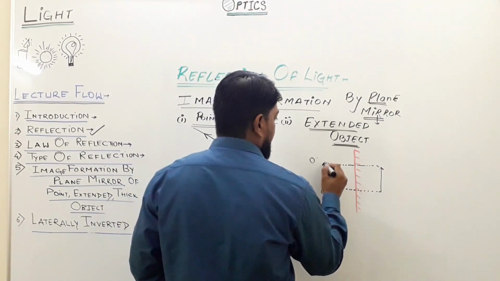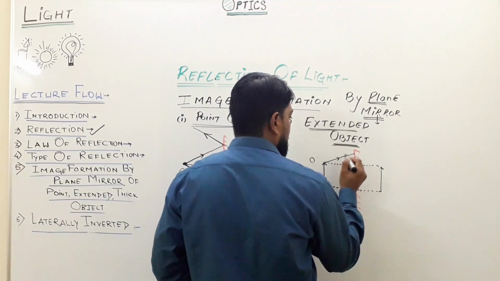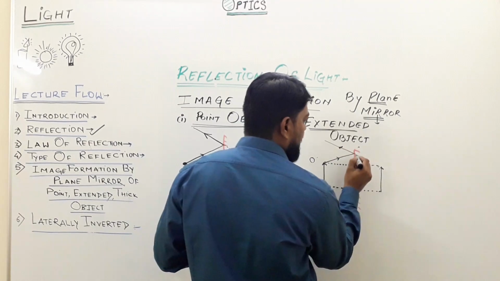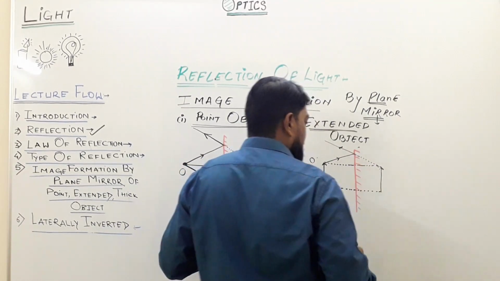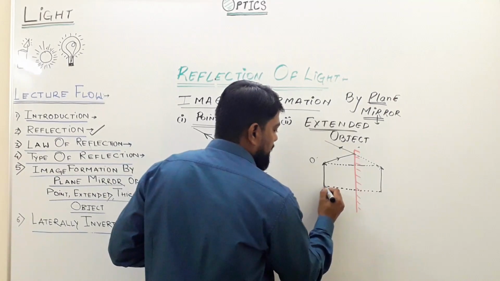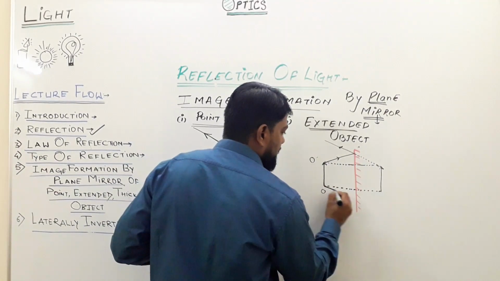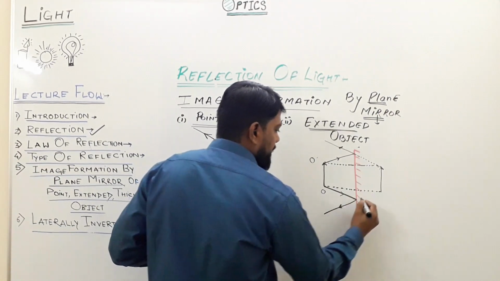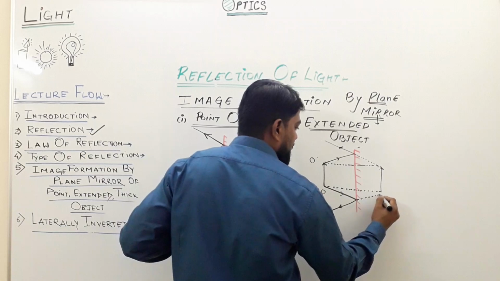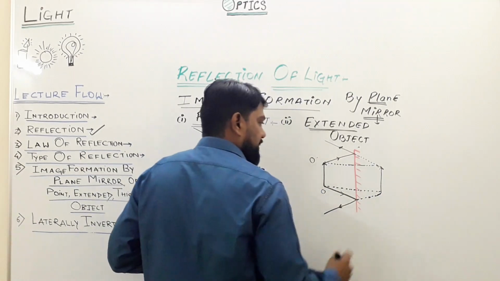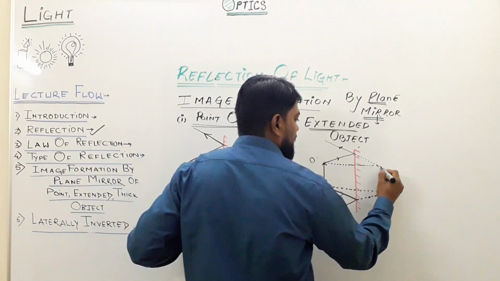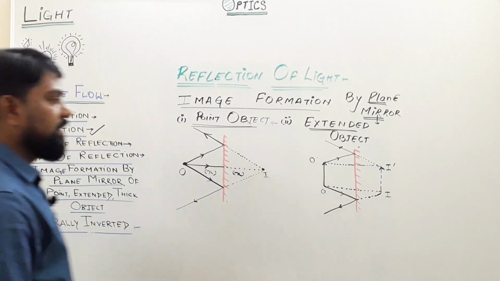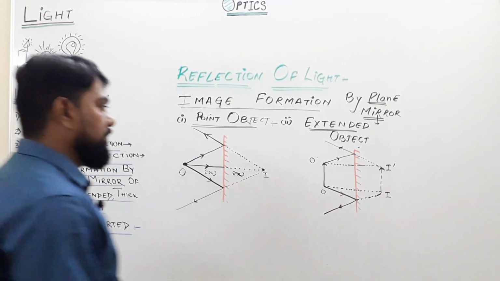Now if one ray is going like this, it will undergo reflection, and when we produce it, it will meet here and here also. If one ray is going like this, it will undergo reflection, and when we produce it back, it will meet at a point where the object is. So this one we say is the image, and this one we say is the object. Is it okay to all of you? Clear?